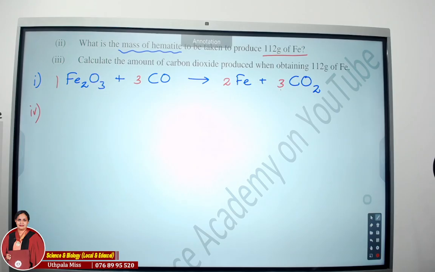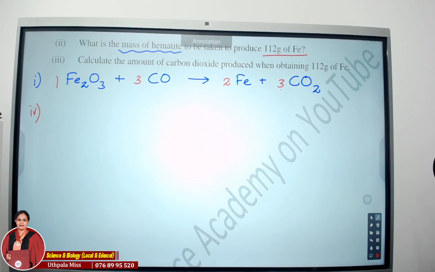Just find the number of moles, then calculate the mass.